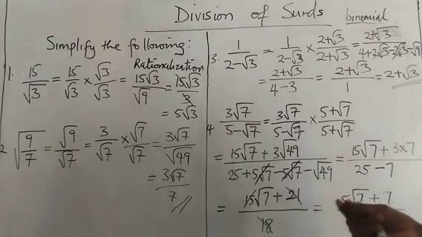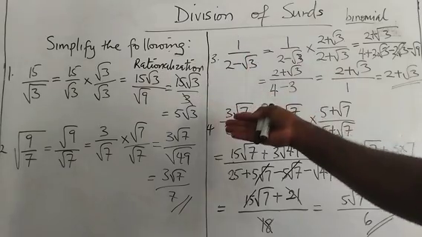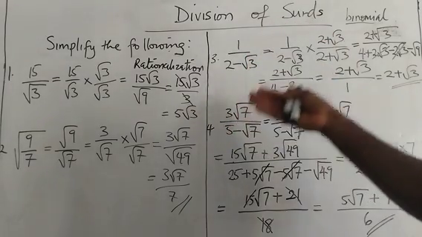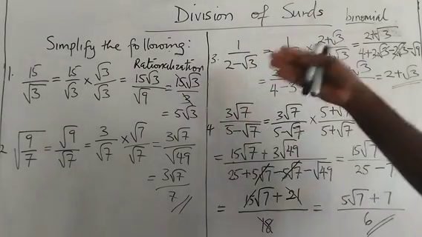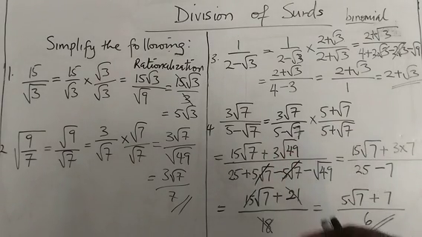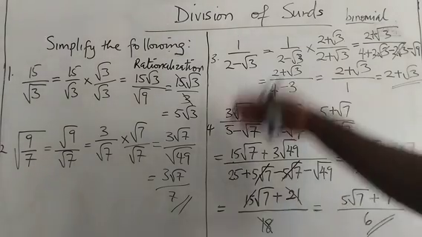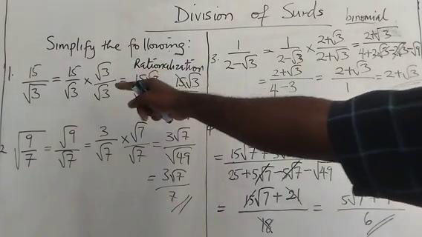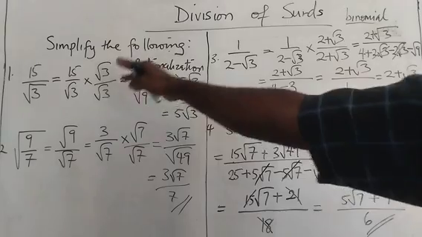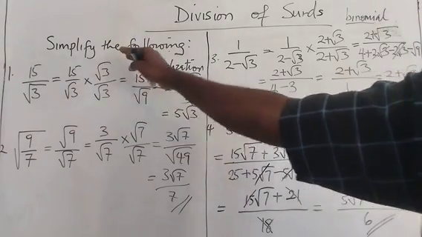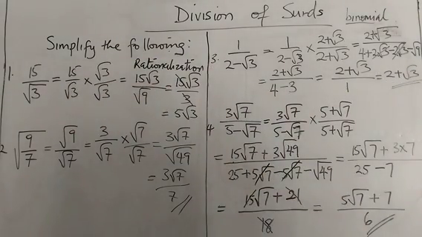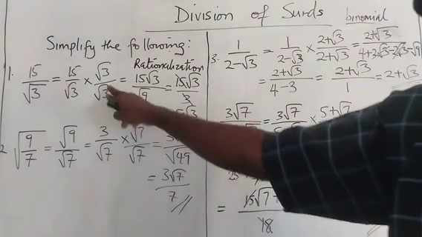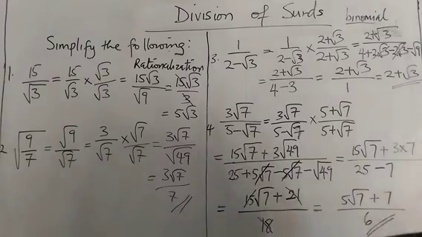We have seen that to simplify fractions involving surd as the denominator, we need to rationalize. If it's a monomial denominator, you use it to multiply both the numerator and the denominator, as we saw in question 1 and 2.